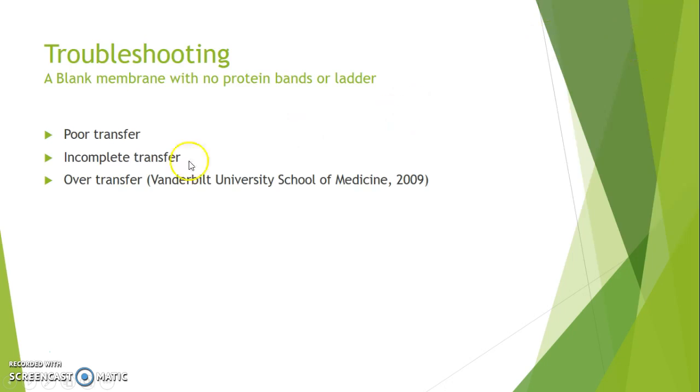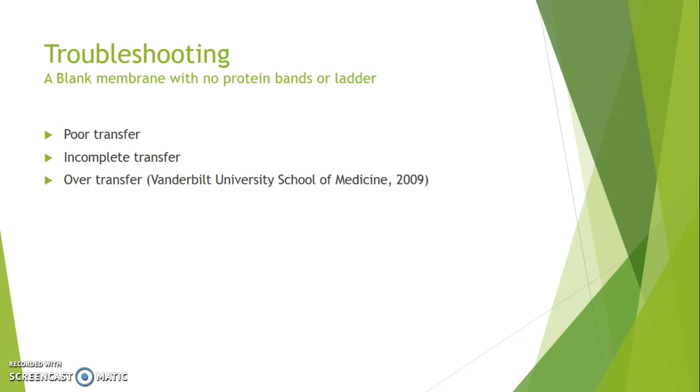If troubleshooting of a blank membrane with no protein bands or ladder has to be conducted, it may be suggested that poor transfer, incomplete transfer, or overtransfer has occurred. This means that it is vital to ensure that membrane preparation is thoroughly conducted and sufficient gel membrane contact occurs.